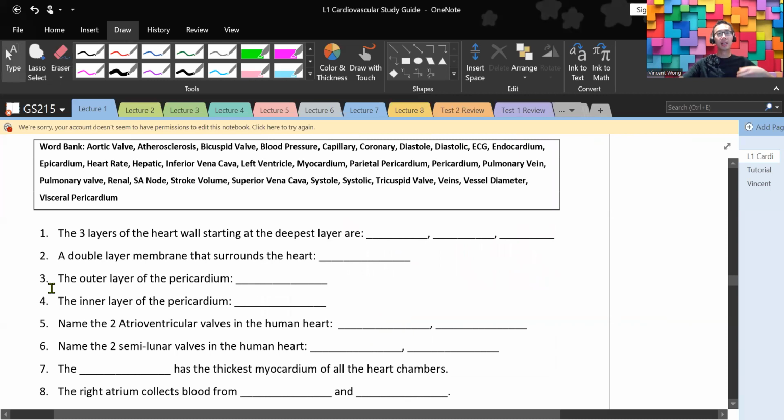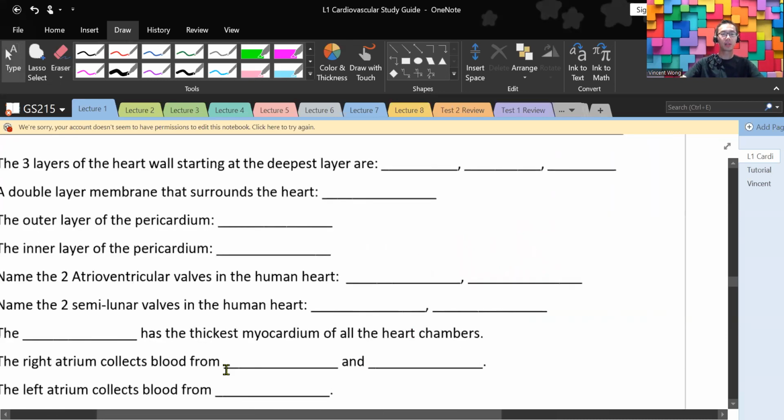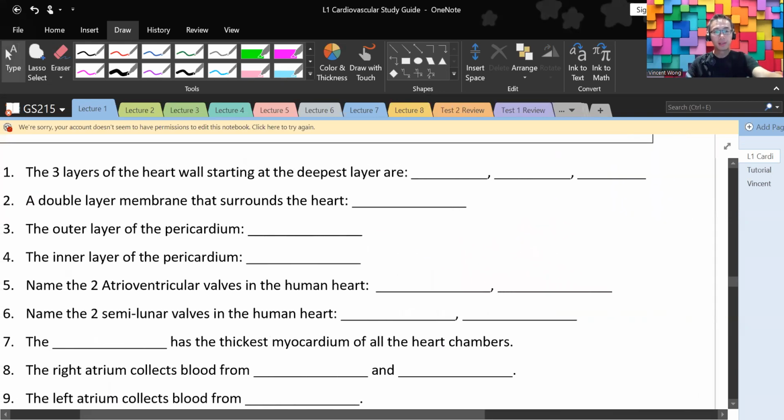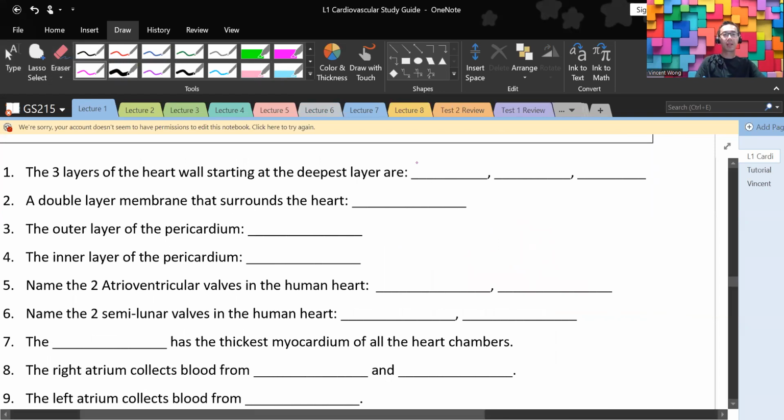Fill in the blanks. Three layers of the heart wall, starting at the deepest layer. So the layer that is going to be in direct contact with the blood, that would be the endocardium.